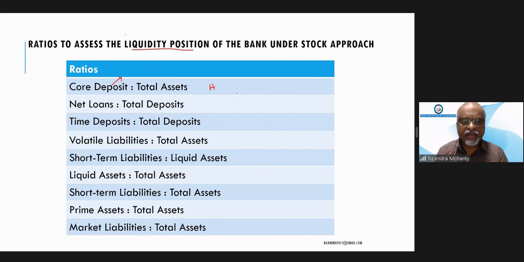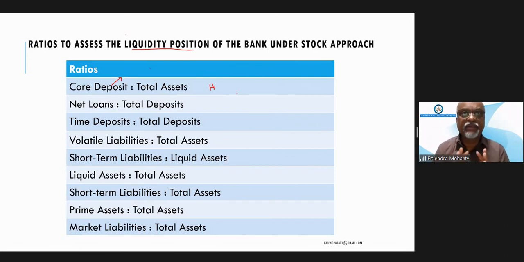Yesterday we discussed 1 to 14. And core are kept under which maturity ladder? 1 to 3 years. Is a deposit remaining from 1 to 3 years good for the bank or not?